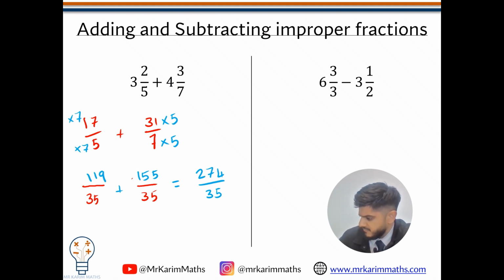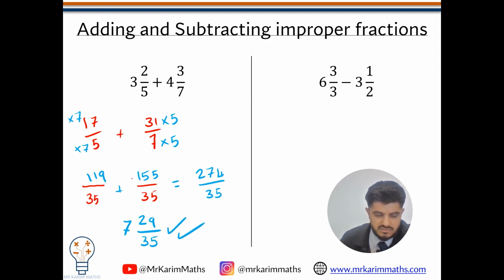So how many 35s go into 274? It's going to be 7. And then the remainder is going to be 29. So 7 whole numbers, and 29 out of 35.